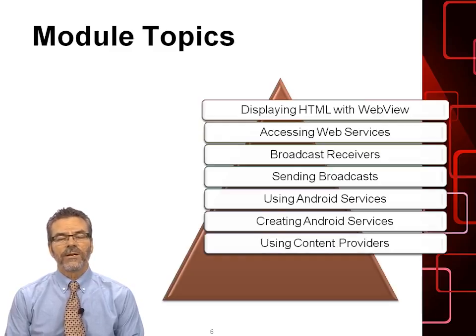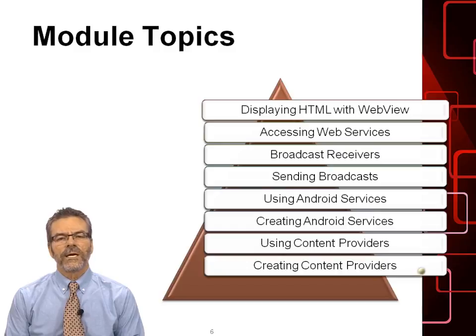We'll then learn how to use content providers. Content providers provide content in different ways. It could be video content, it could be text content, it could be data content. We'll learn how to use those, and then we will end the course by learning how to create a custom content provider.